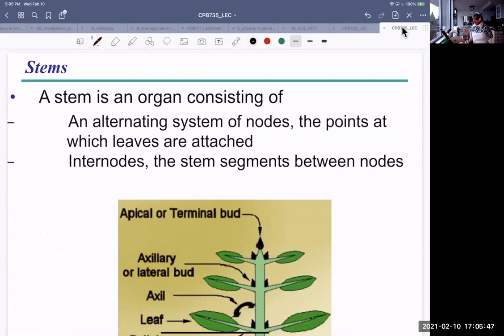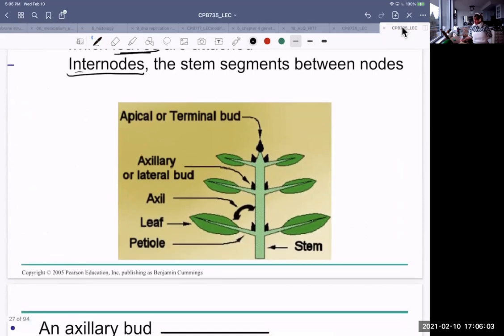Moving on to stems. A stem is an organ of a plant. It's an alternating system of nodes, that's where the leaves are attached, and internodes, the stem segments between the nodes. So here again is an apical or terminal bud. Apical buds are at the very top of the plant. The lateral buds are also known as axillary buds.